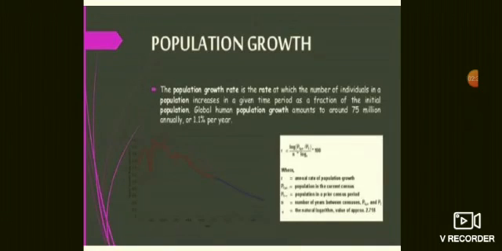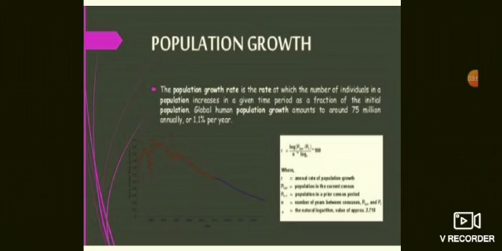Now the next characteristic of population is called population growth. What is population growth? It is the number of individuals added to the population by birth, that is natality, and immigration, that is the entry of more individuals of a species in an area from outside.